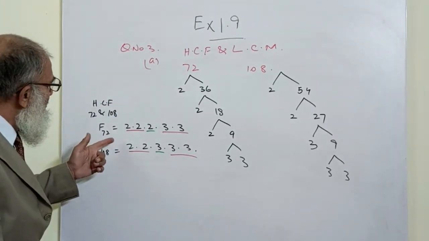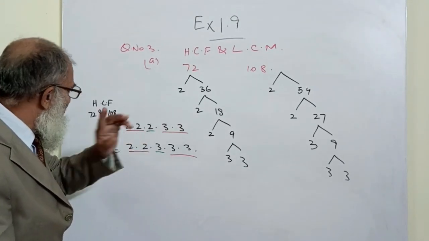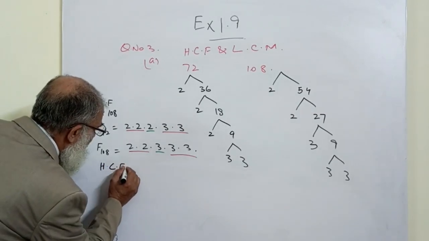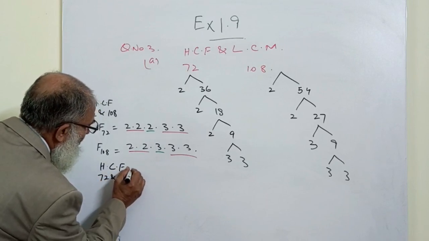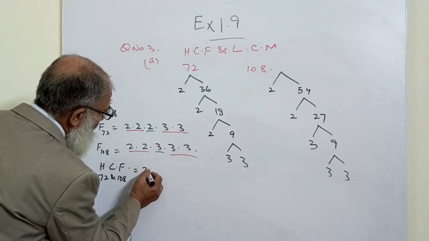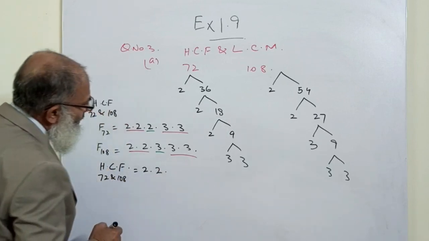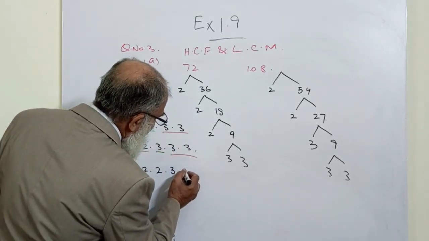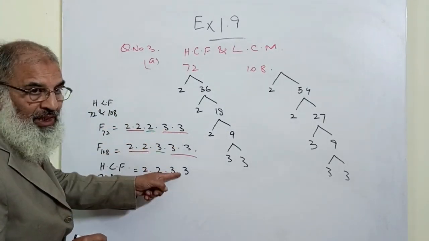Now I have broken these into the prime factors. To find the HCF of both the numbers, 72 and 108, we write all the common factors. Now you see we have 2 common over here, again common over here, 3 common over here, and 3 common over here. 2 times 2 is common and 2 times 3 is common.